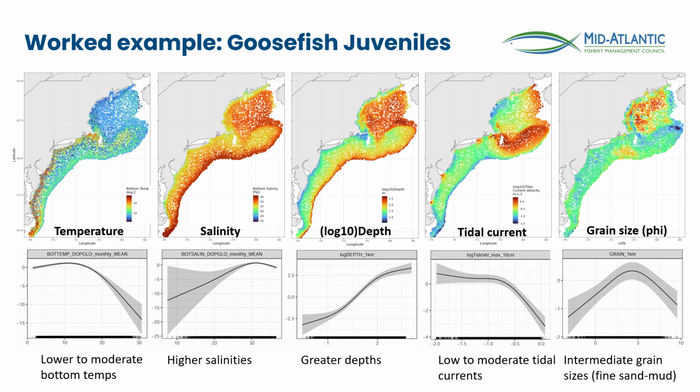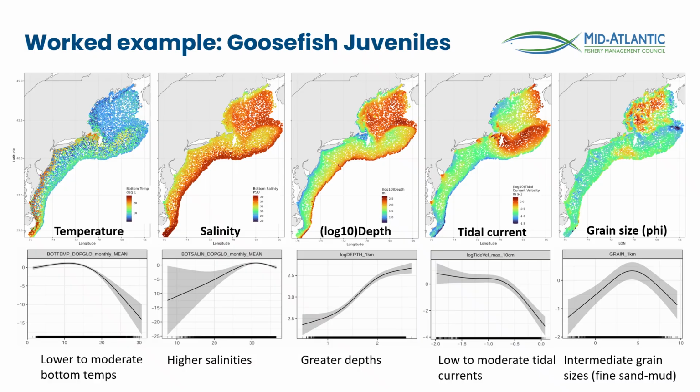The x-axis on these smooths represents the value of the covariate, and the y-axis represents the estimated effect on goosefish abundance. So you can interpret the first smooth as indicating that goosefish abundance begins to decline when bottom temperatures exceed about 15 degrees Celsius. Similarly, abundance is greater at high marine salinities.